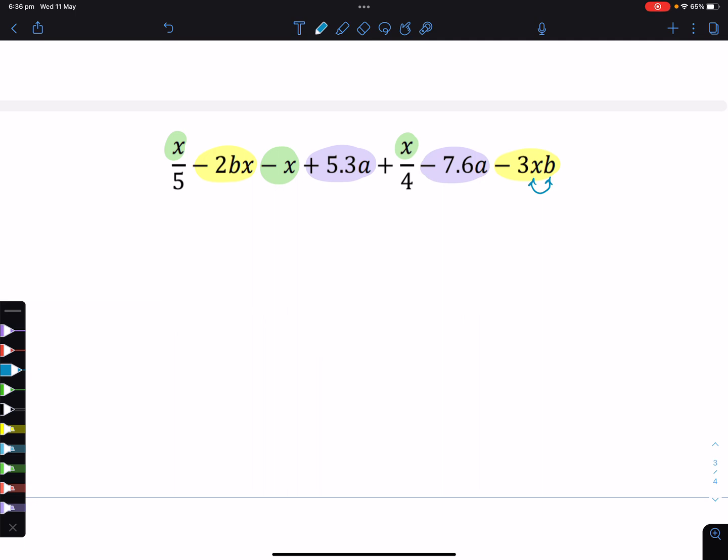When I gather the like terms, it's super important that I keep track of these plus and negative signs. They have to move together. So I might write this out with my pen so I can show you what I mean by keeping these plus and minus signs intact.